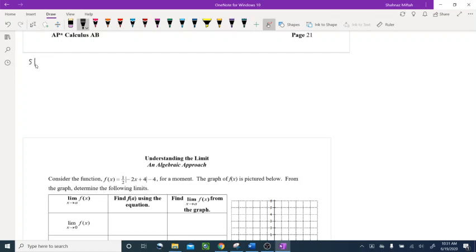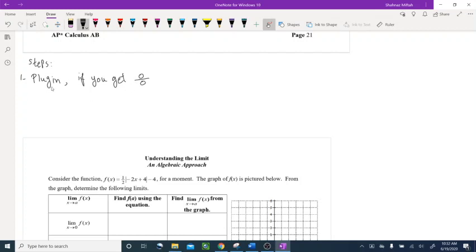Okay, the steps. 1, plug in whatever the value x is approaching, like a direct substitution. If you get 0 over 0.